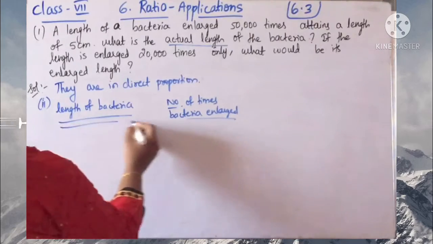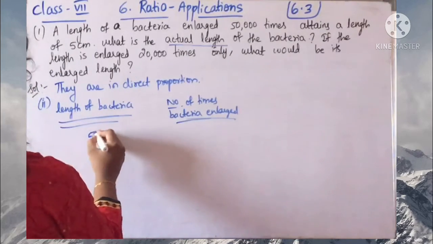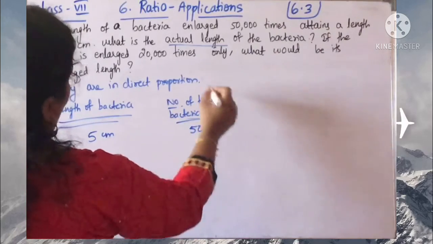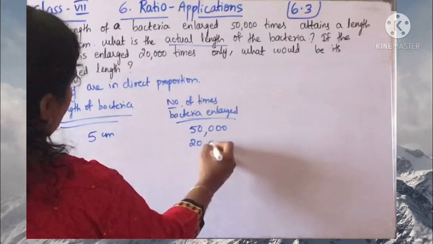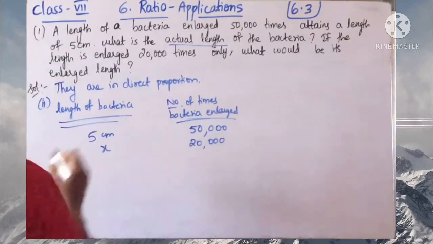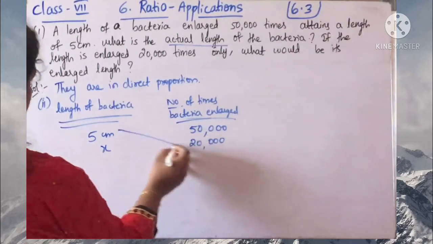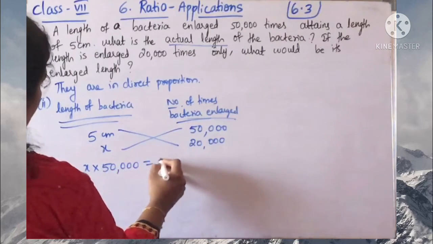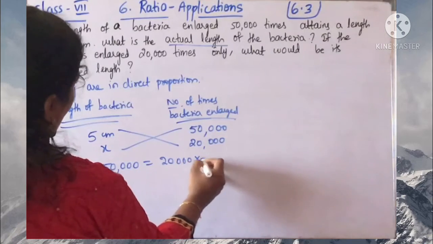So first we compare: the length of bacteria is 5 centimeters when it is enlarged 50,000 times. And the question is, when it is enlarged 20,000 times, what is the length of bacteria? So cross multiplication: x into 50,000 is equal to 20,000 into 5.